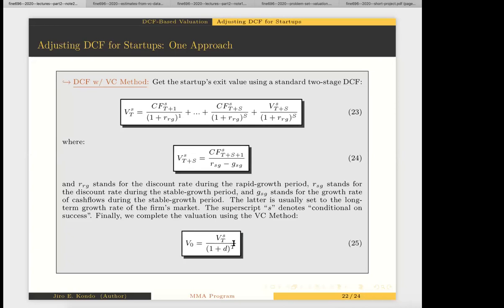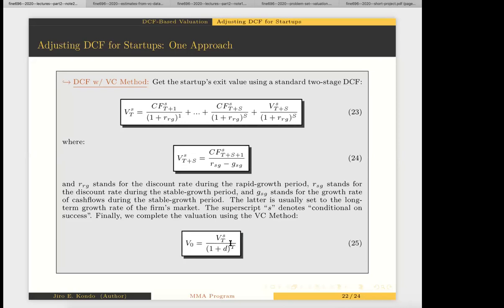And also, if the startup is raising money right now, so let's say the company has 20 million, but it's raising another 15 million, then we would actually need to take this value and add both the 20 million the startup had before it raised cash, plus the 15 million that it just recently raised as cash.